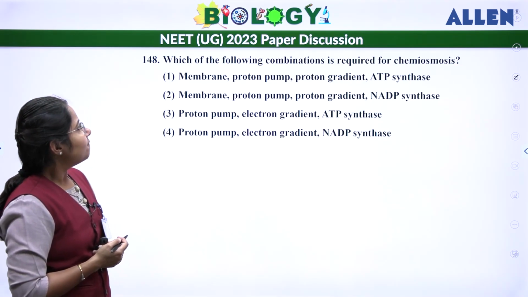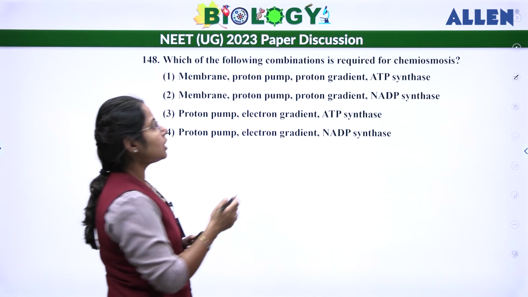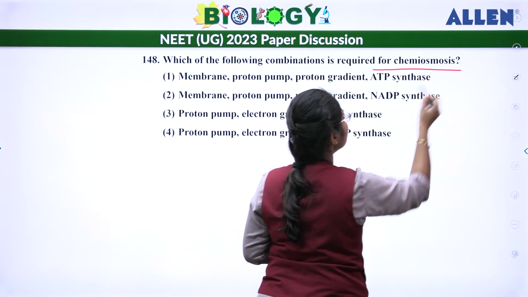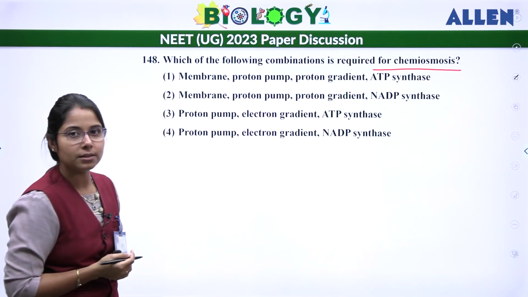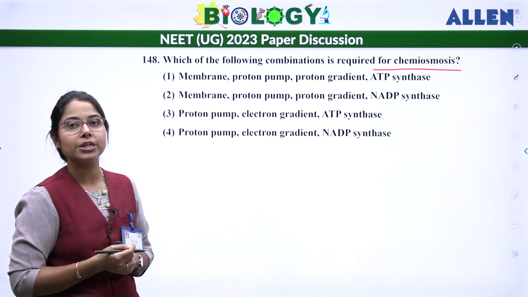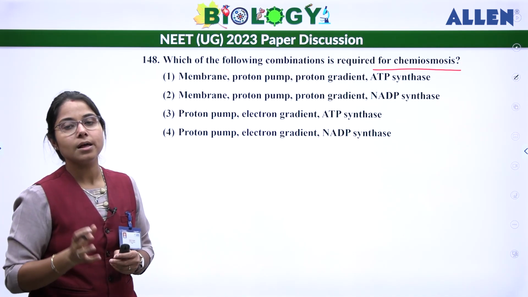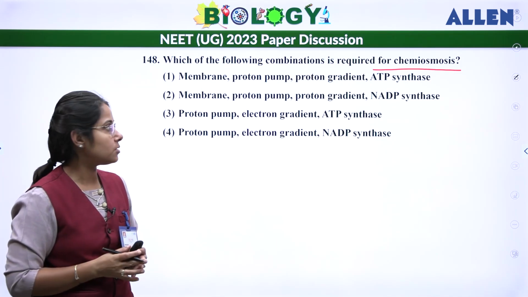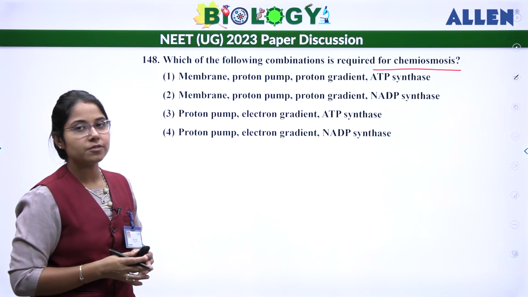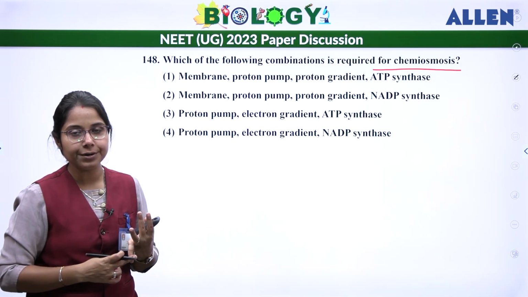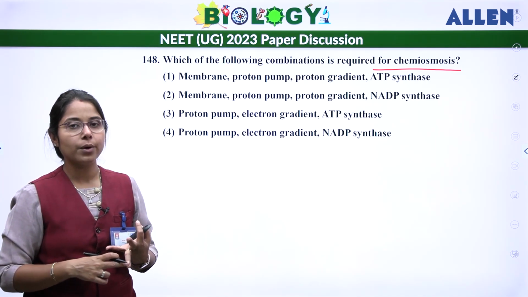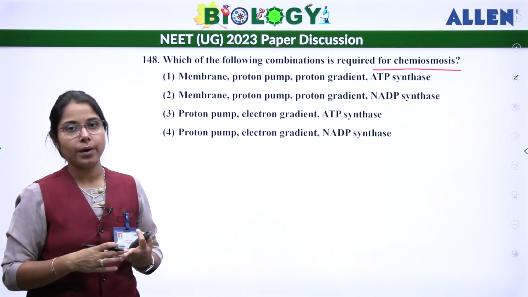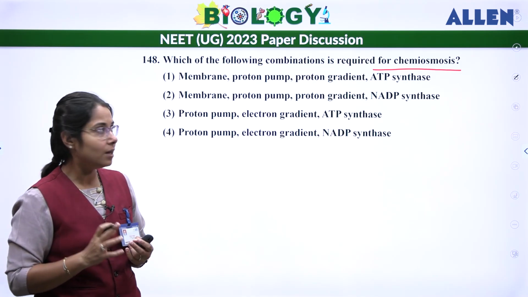Next, which of the following combinations is required for chemiosmotic theory, chemiosmosis, which occurs during the ATP synthesis in mitochondria as well as in the plastids, chloroplast. So for chemiosmosis, first of all, ATP synthetase will be required, a proton pump will be required, a membrane will be required, and a proton gradient will be required.